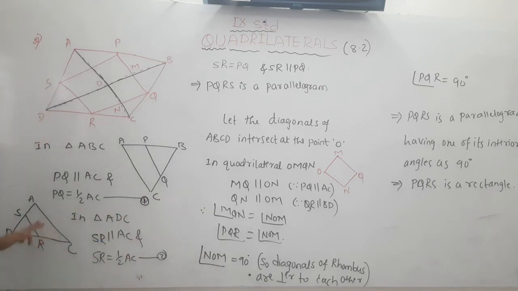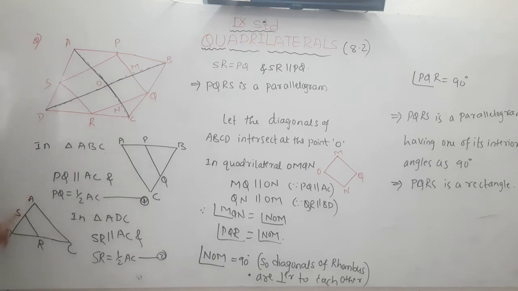Now in the same way, take the triangle ADC. S and R are the midpoints of AD and CD. If we join SR, the line joins the midpoints of two sides of triangle ADC, so it is parallel to its third side AC.